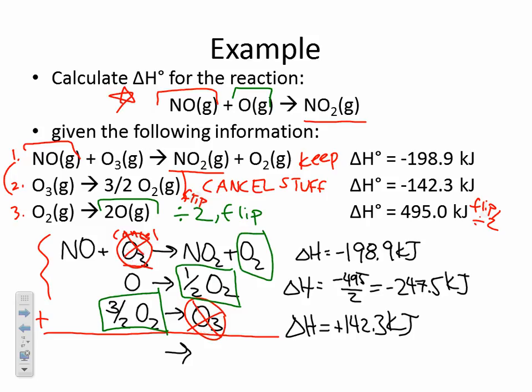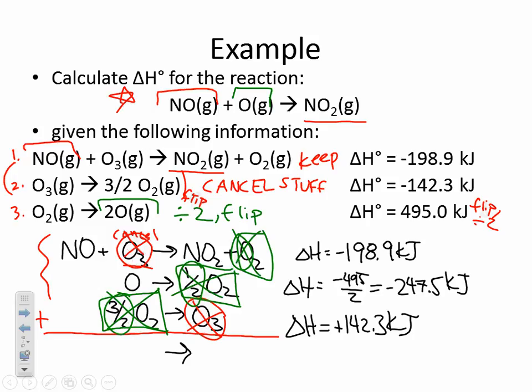So total O2 on the left is 3/2. Total O2 on the right is 1/2 plus 1. Guess what? 1/2 plus 1, that's 3/2. I have a total of 3/2 O2 on the left-hand side of the arrow and a total of 3/2 O2 on the right-hand side of the arrow.